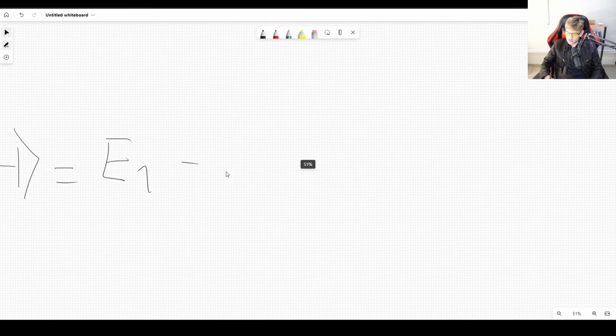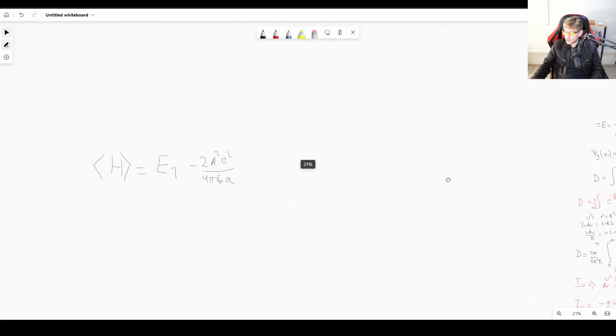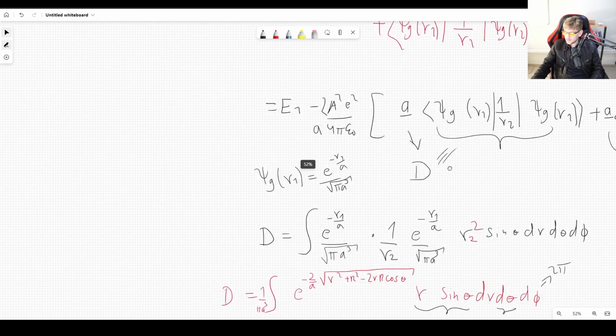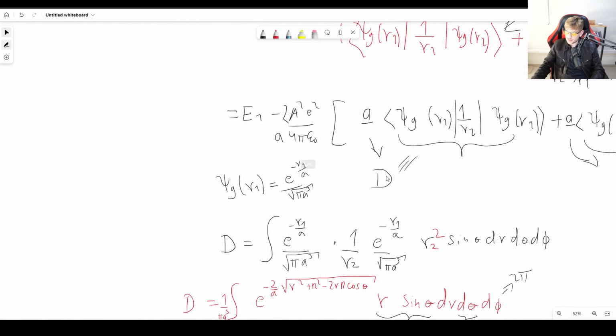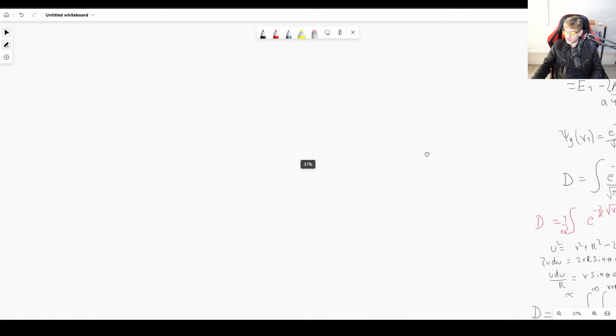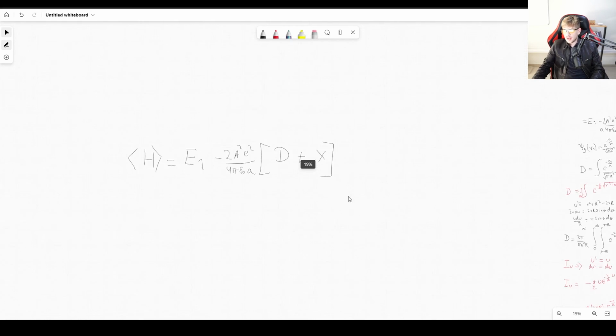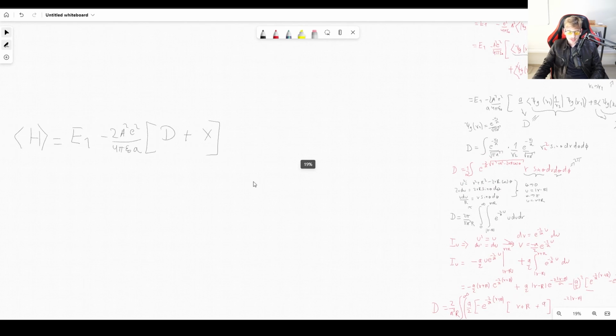I think this is way too big, by the way, but well, 2a squared e squared divided by 4 pi epsilon 0 times a. Why times a? Because we had to include the a to use the same notation as Griffiths. And then we have the expression from D. So the result from D. So D plus X, right? And what is D and what is X?